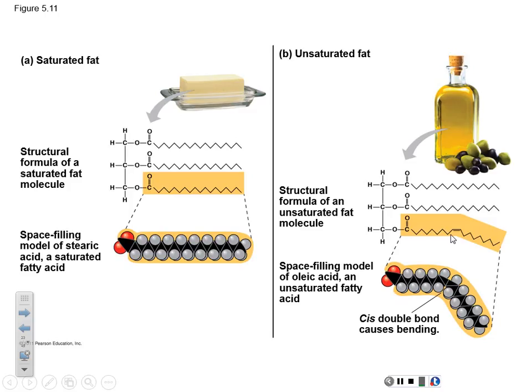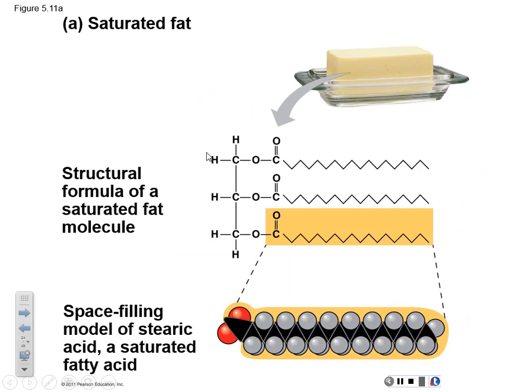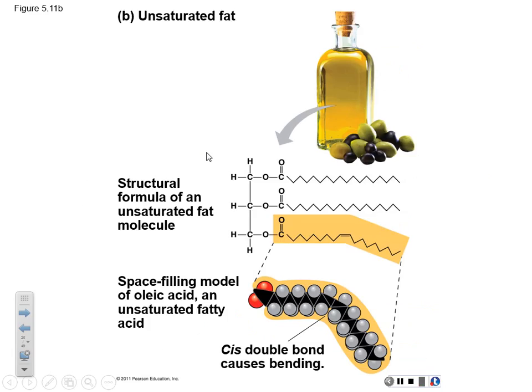So unsaturated fats tend to be liquid at room temperature. Saturated fats tend to be solid at room temperature. Olive oil, right? Butter. A close-up picture of butter. A close-up picture of olive oil.